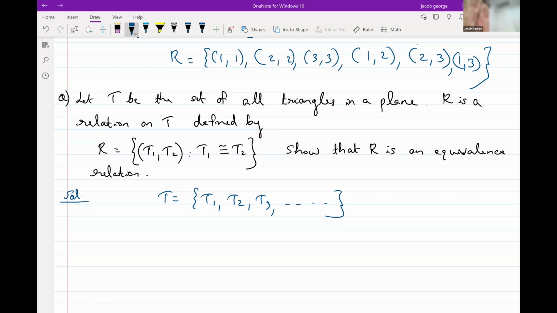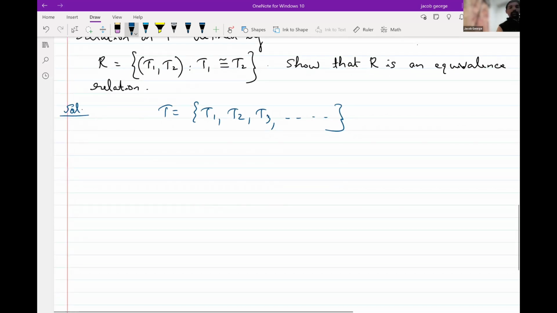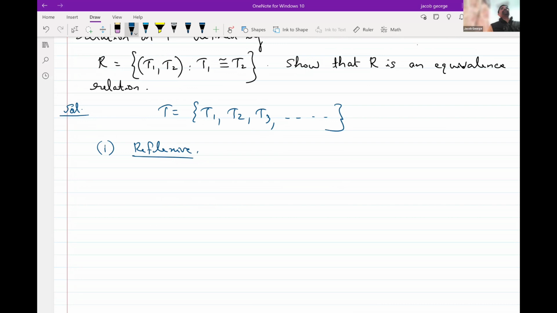First of all, we have to prove that R is reflexive. So the first step is to prove that R is reflexive. The reflexive proof is like this.